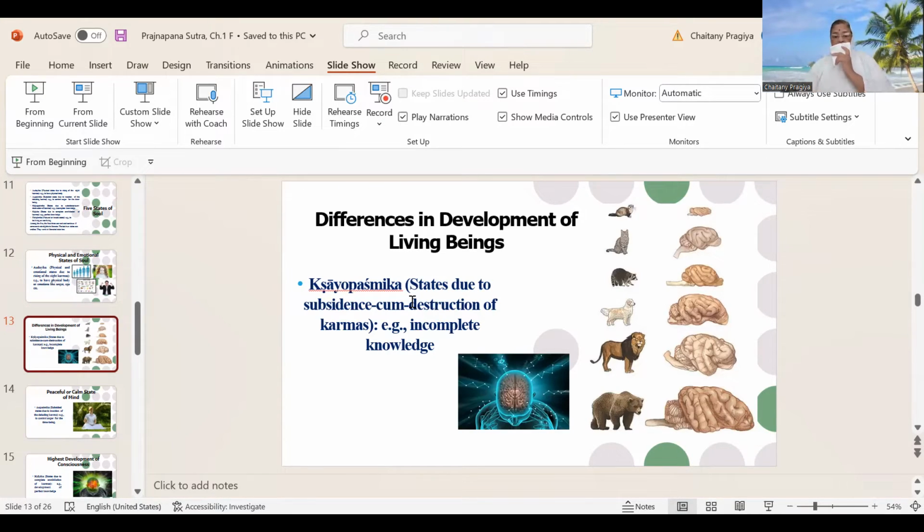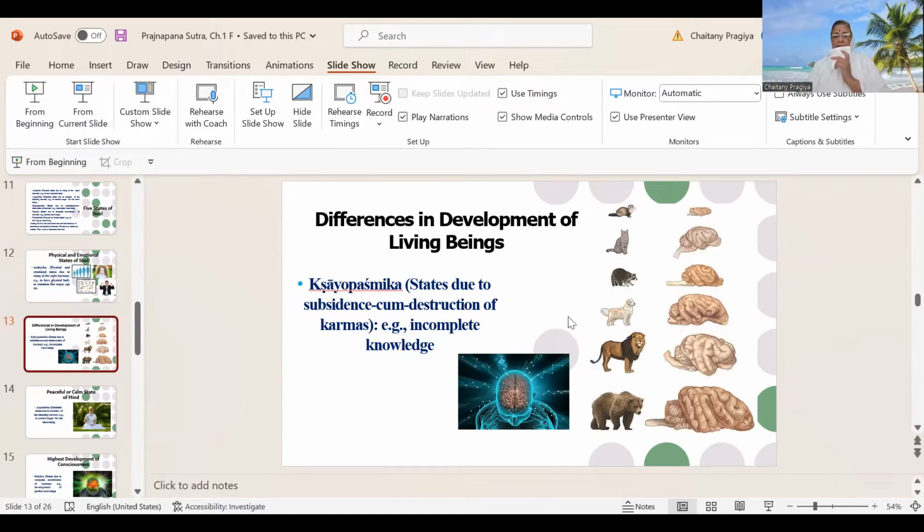But there are certain karmas which can be eliminated or subsided, especially the four types of destructive karmas, which can be partially eliminated and partially subsided. When we partially eliminate and subside them, we get some development in us, and due to that we get different types of knowledge and qualities.